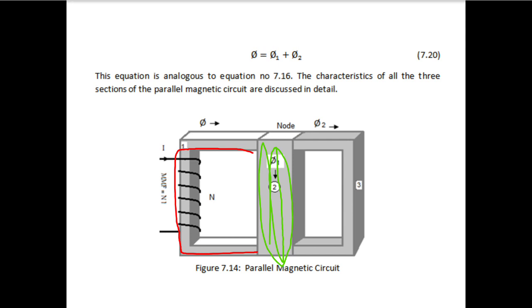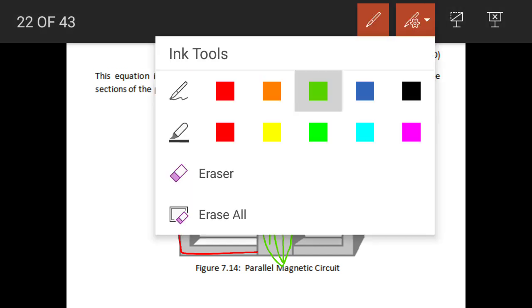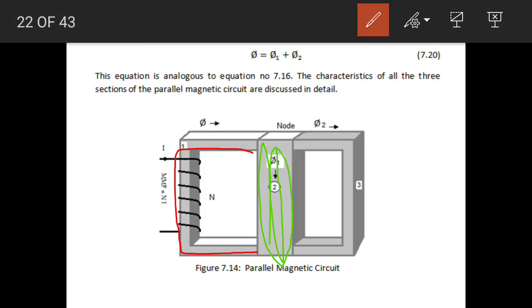We consider material number 3. We assume that the mean length of material number 3 is L3, the cross-sectional area of material number 3 is A3, and the permeability of this material is mu3.